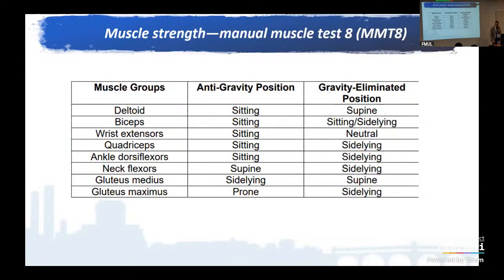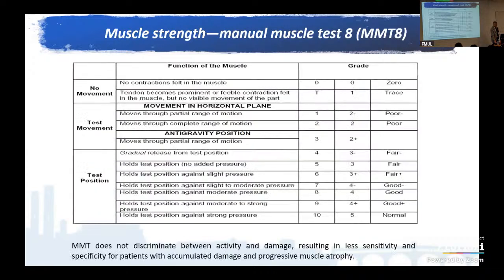We may have 8 muscle groups that could be assessed, 7 bilateral and only one, the cervical part, the neck flexor. And we have 150 as a maximum point that we could reach for these patients, because we may have 0, no contraction, and 10, normal strength.